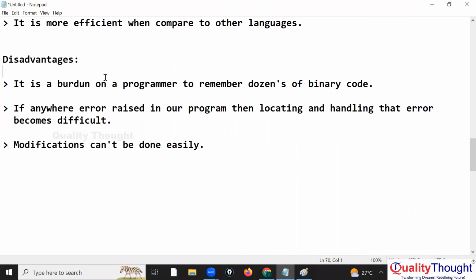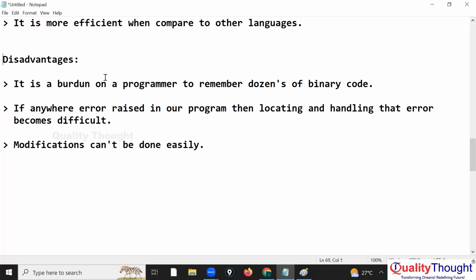Then it's very difficult to work with machine language. That is the reason in the real time, in the industry, we are not working with machine language, guys. So, I know that you people came to learn Java, but you need to understand why we need to learn Java first. So understand what is the problem with machine language. So these are the problems that are there with machine language.